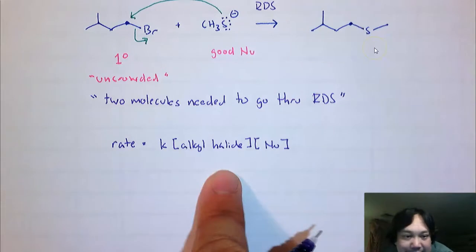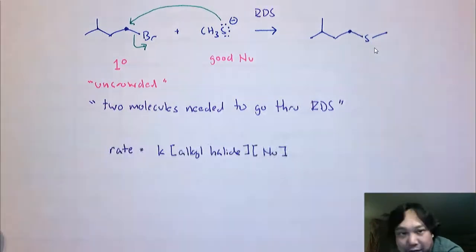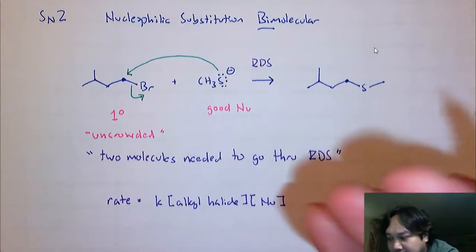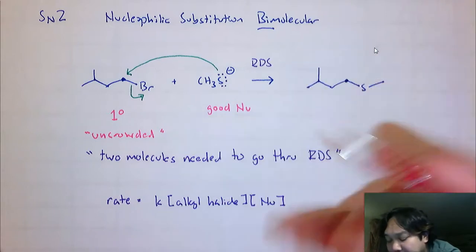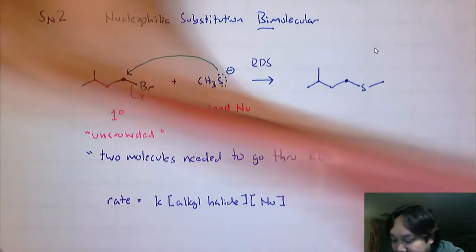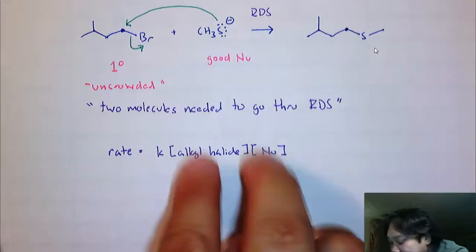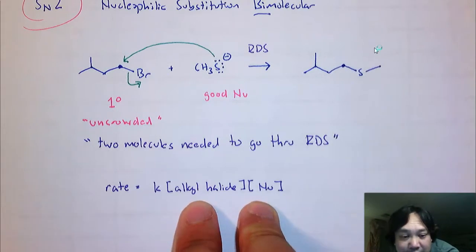Okay, that's sufficient to talk about the rate. And we're going to build up tables slowly to determine whether something's SN1 or SN2. But if you think you are SN2, that means that if you change the concentration of either of these 2 substances, you will change the rate.